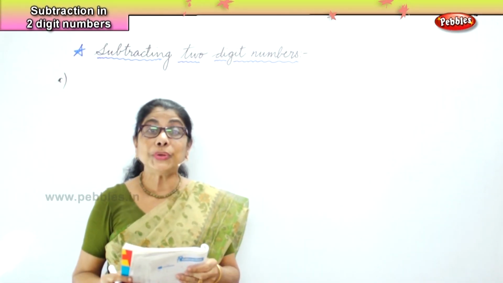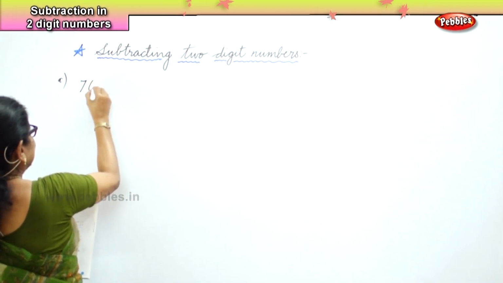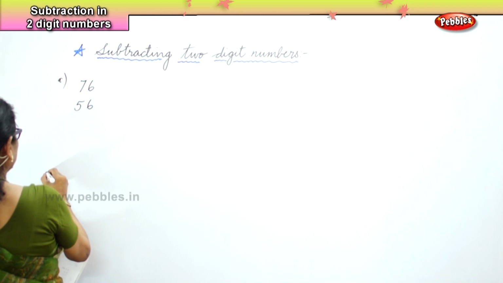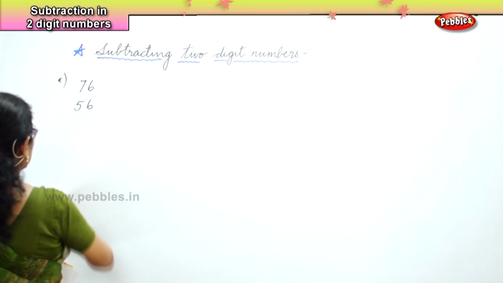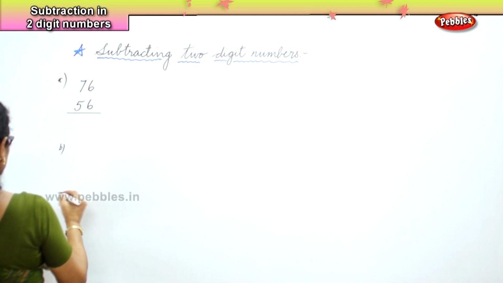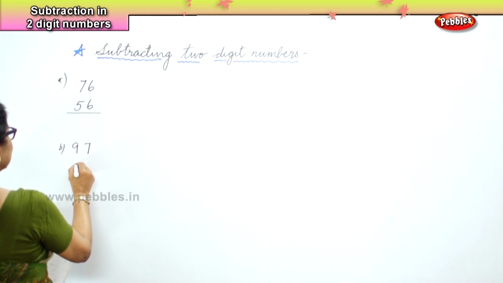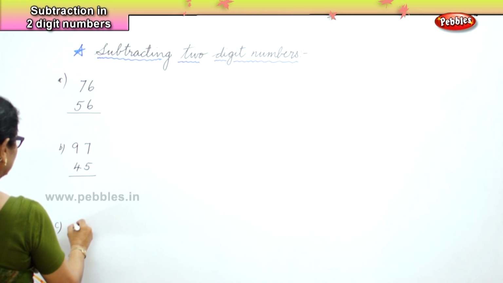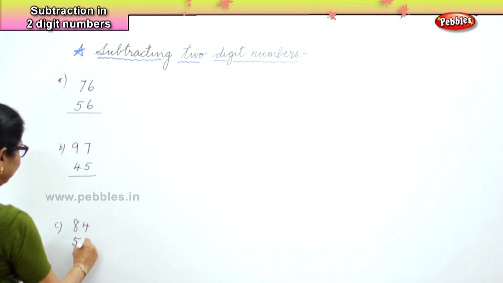Now I'll put down some sums for you and then we'll work together. Now, 76 minus 56, 97 minus 45, 84 minus 51.